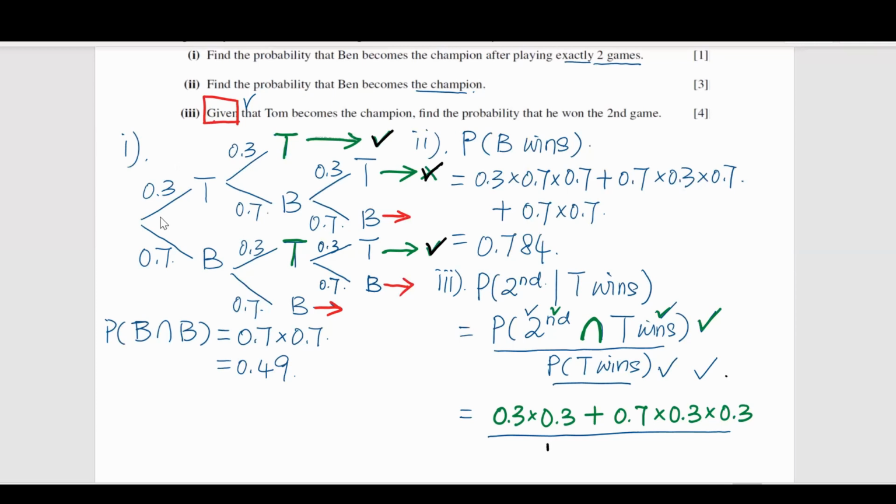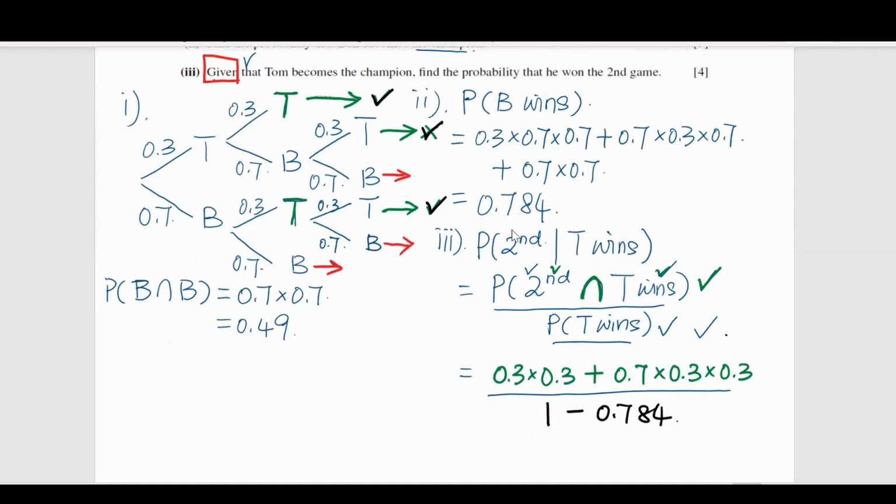So to find the probability that Tom wins, we can just take 1 minus the probability that Ben wins, which is 1 minus 0.784. So by doing so, we get the probability that Tom wins. Either you find the probability for the denominator from the outcomes here, here, or here, or you can straight away take 1 minus the probability of Ben wins.